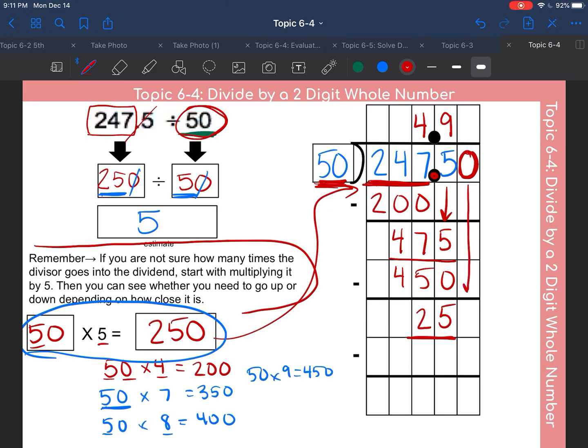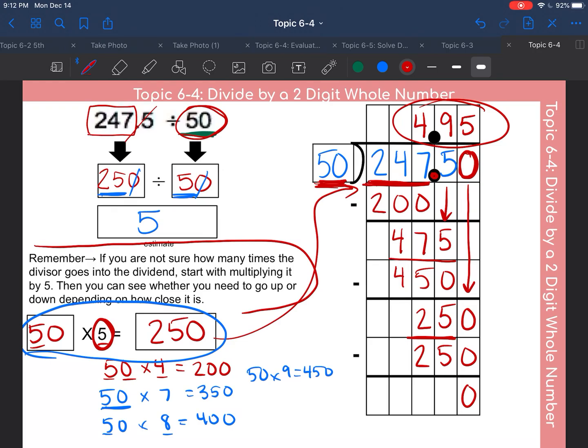We can bring down that 0 and make it 250. So let's see. How many times does 50 go into 250? Well, we found that out earlier. Times 5. So it goes in 5 times exactly 250. We subtract and we get 0. Now that we have 0, we can stop our problem. So our final answer is 4 and 95 hundredths.